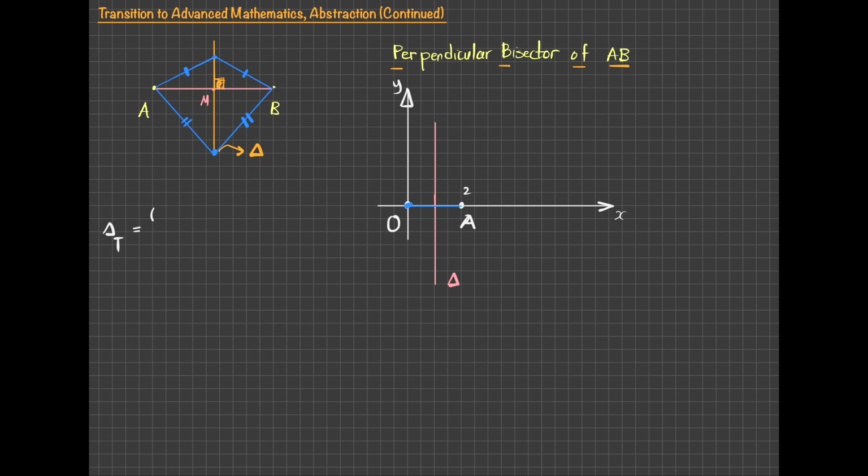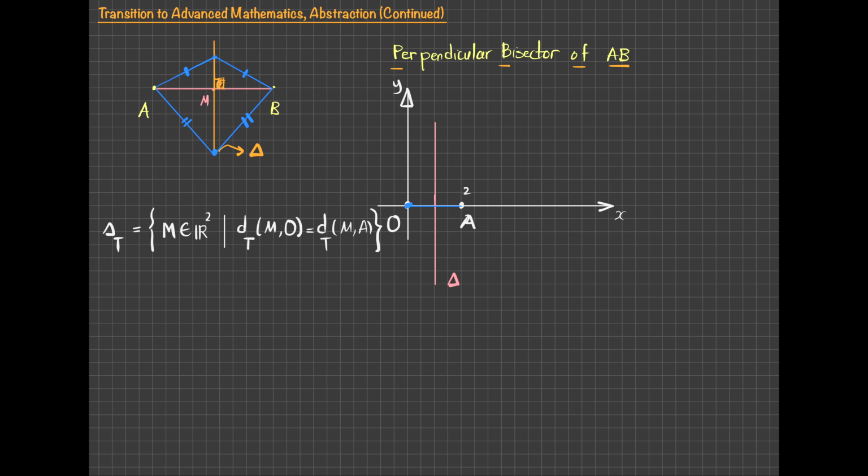This is the set of all points like A, where, not like A, I have already used letter A. So like M, where on the plane, so that the distance, which distance? Taxicab distance from M to O, one end of the line segment, is equal to the distance from M to A. This is the abstract definition of the perpendicular bisector.